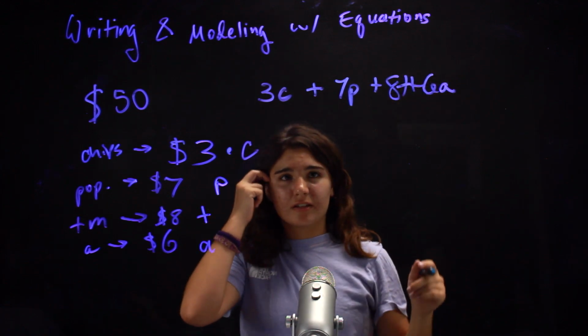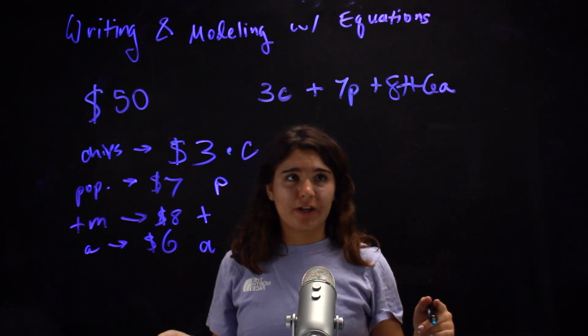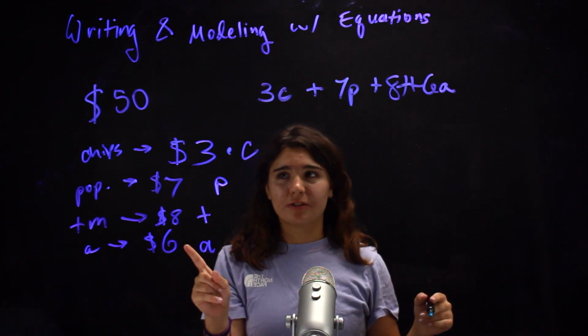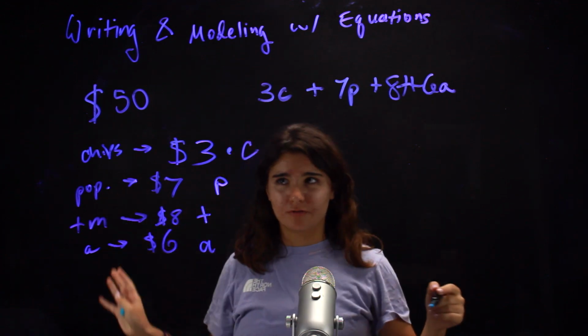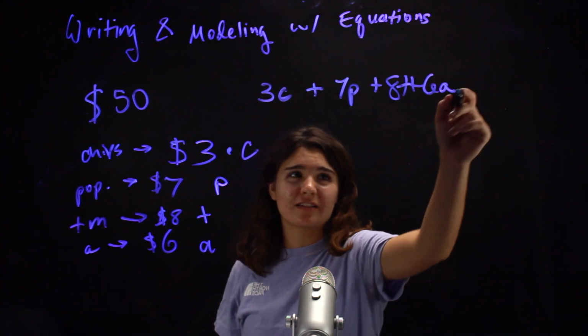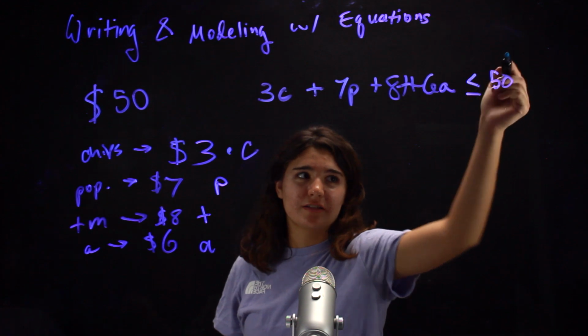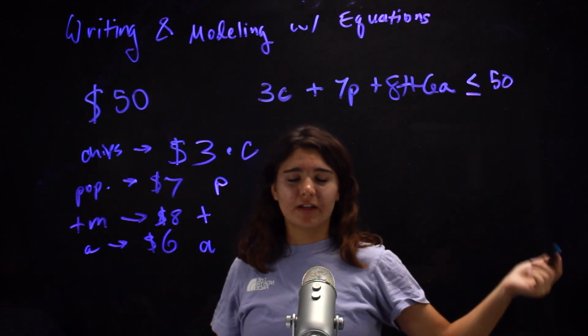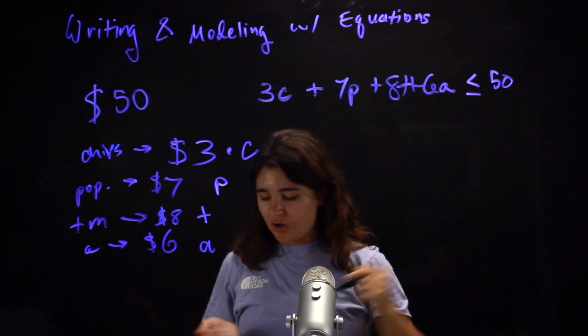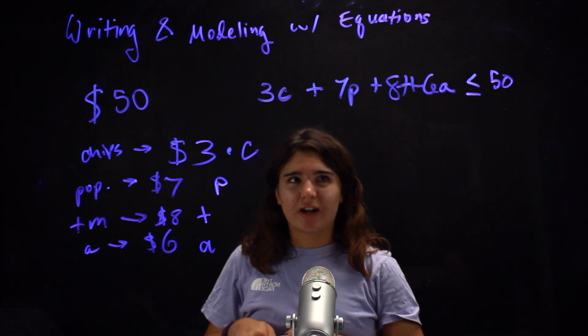And this is going to be literally everything that we're buying. And the other thing that we know is that this cannot go over $50, meaning that this has to be less than or equal to $50, because that is our budget. Okay, and that is literally all that we're going to do right now.